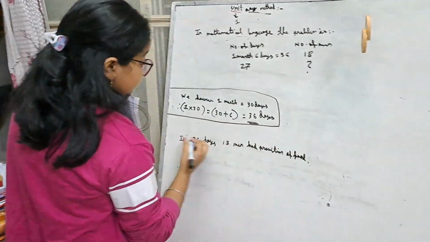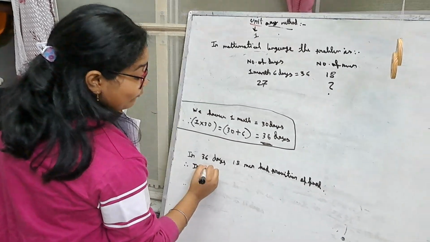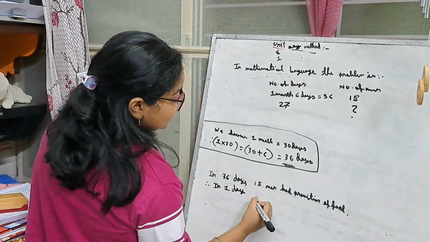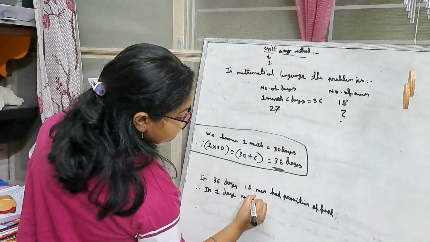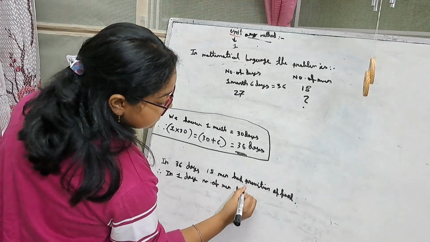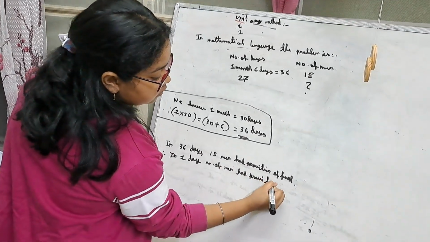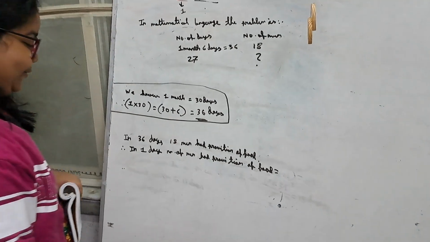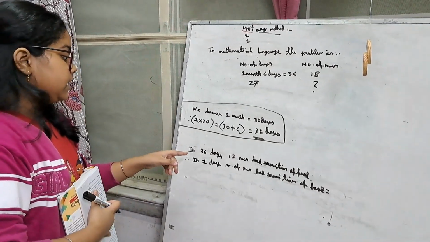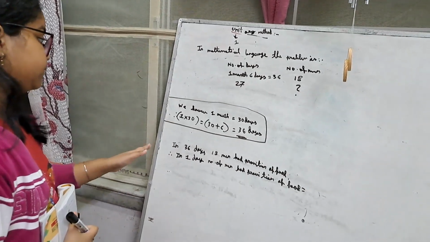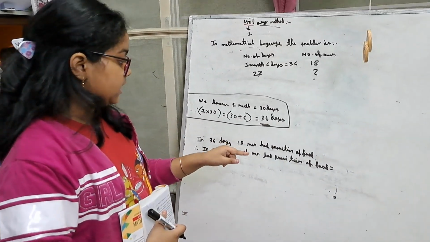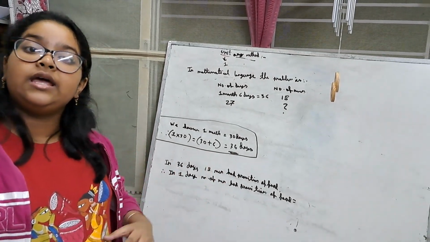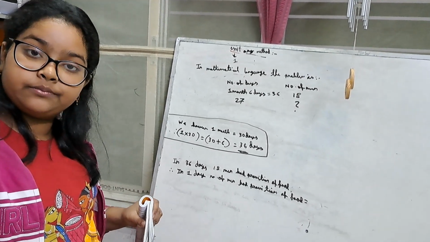Therefore, in 1 day, number of men who had provision for food will be a smaller amount of people.